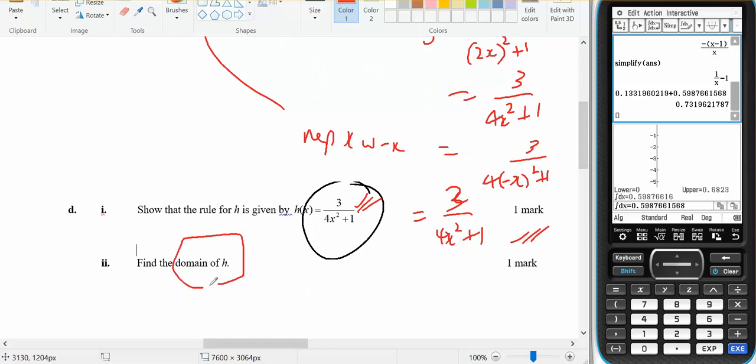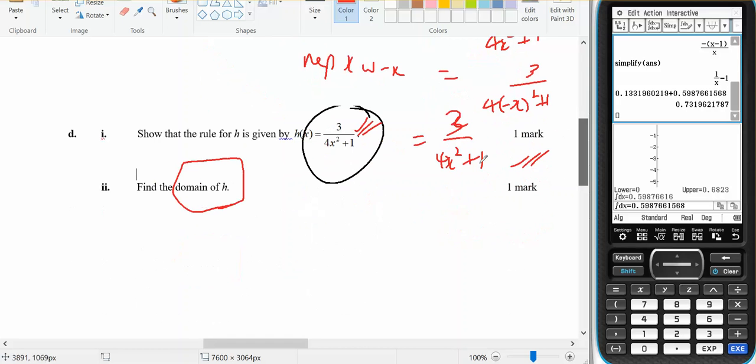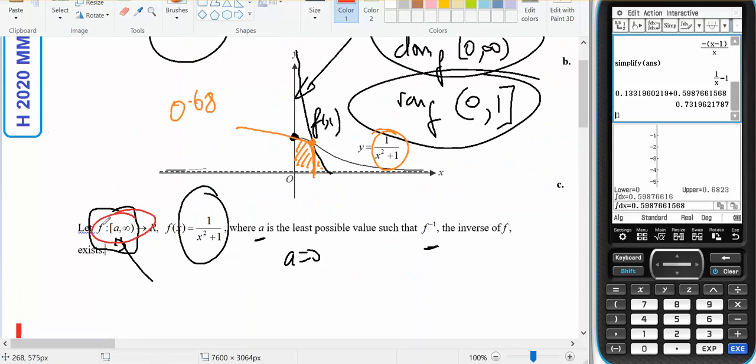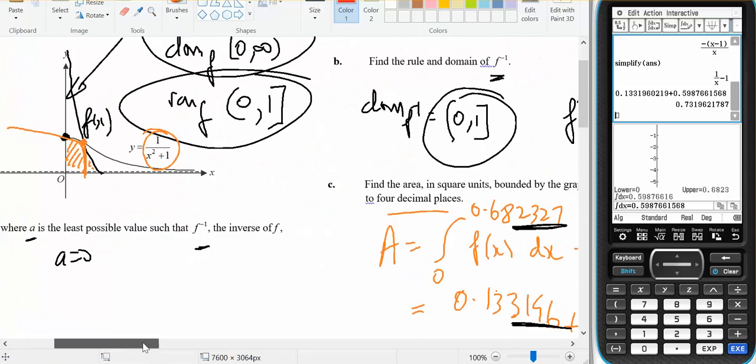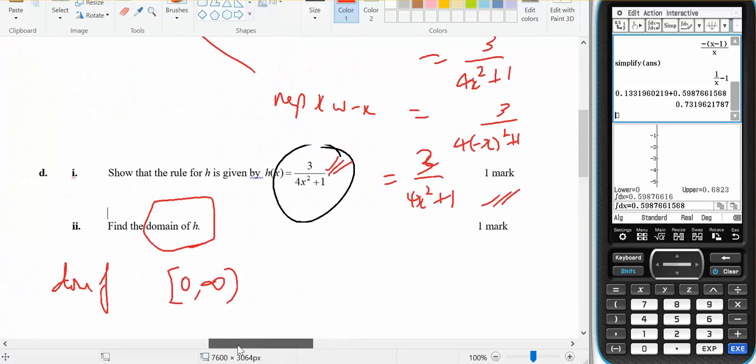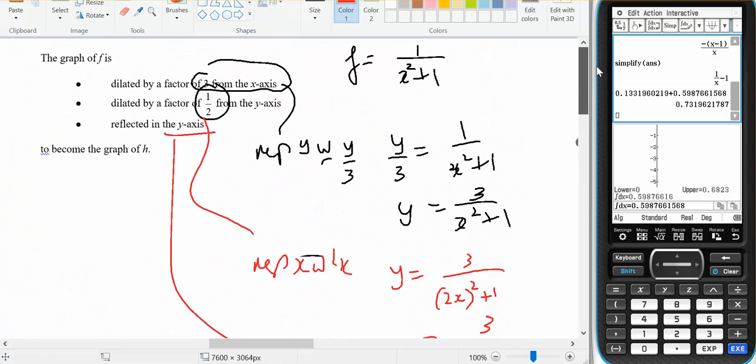The domain of h, well, the domain of f was 0 to infinity. And we wrote that from right up here because f was involving a. So if that's what f is, if you dilate by a factor of 3 from the x-axis, that's a stretch up or down. That doesn't change the domain.